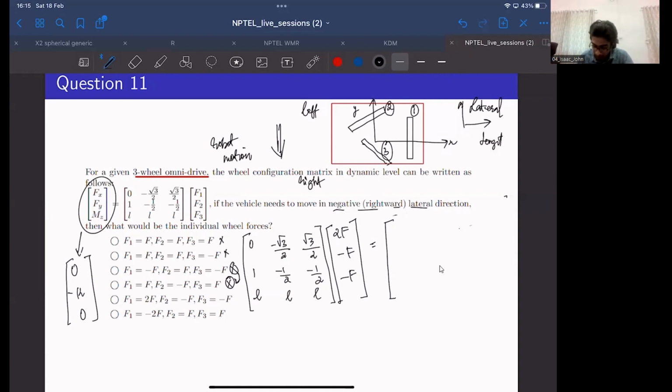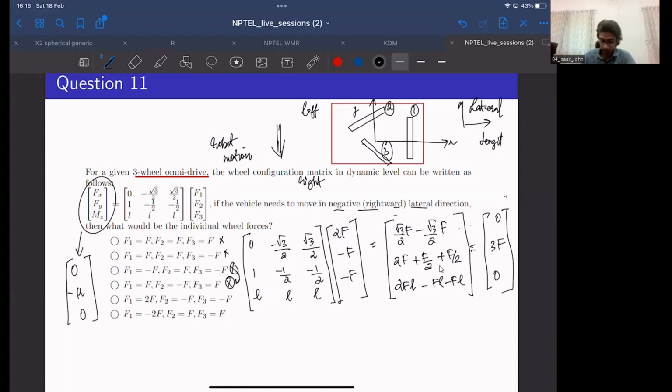The first row would be root 3 by 2 times F minus root 3 by 2 times F. The second entry would be 2F plus F by 2 plus F by 2. And the third entry would be 2FL minus FL minus FL. So this would be 0, this would be 3F, and the third entry would be 0.